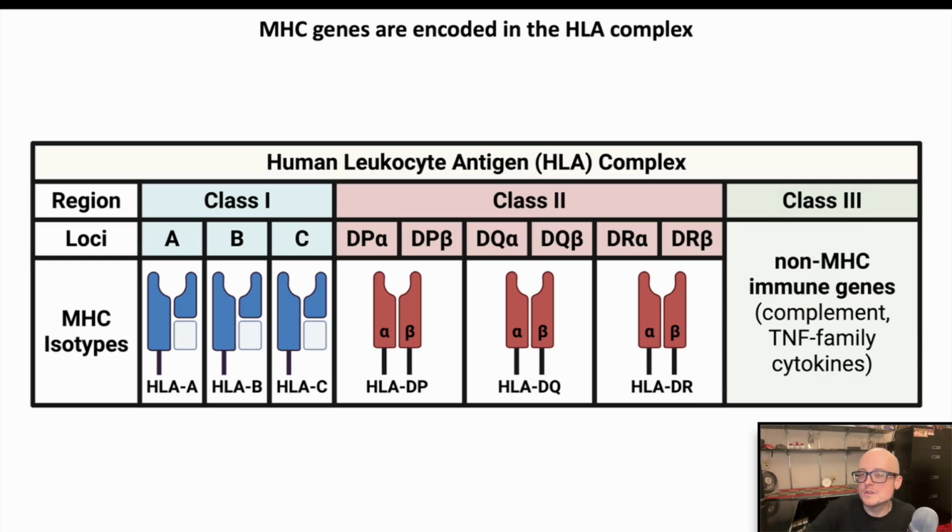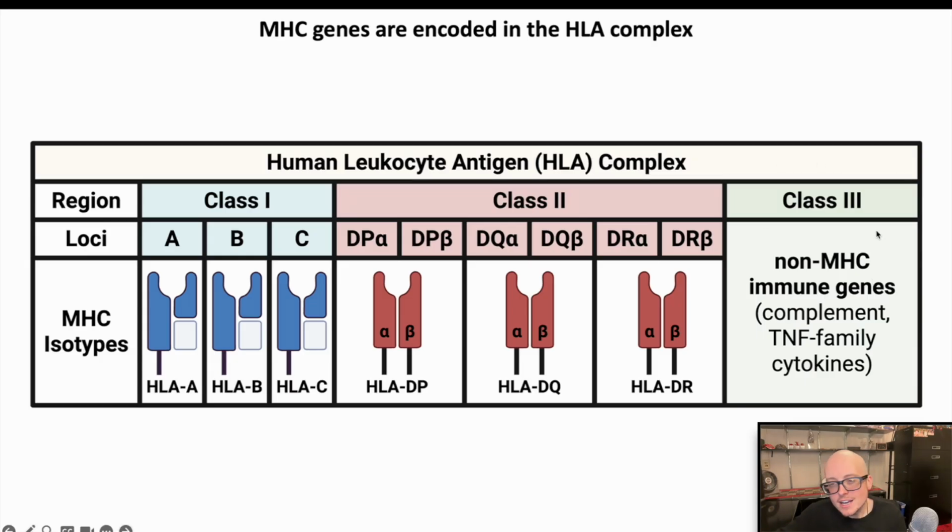To this point in the course, I've only ever referred to MHC class 1 or MHC class 2. And I want to explain here that there is something called the class 3 region within the HLA complex, but it encodes important immune proteins that themselves are not really MHC molecules. They tend to be involved with innate immunity, molecules associated with the complement system or TNF family cytokines, but molecules that do not interact directly with peptide or present peptide to T cells.